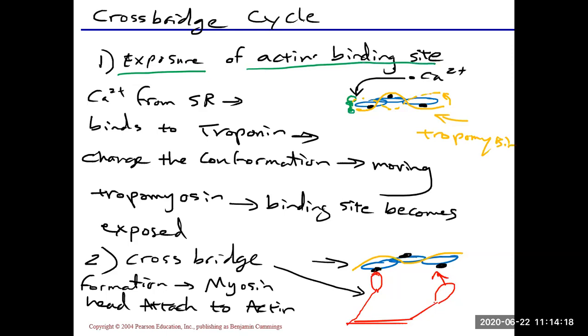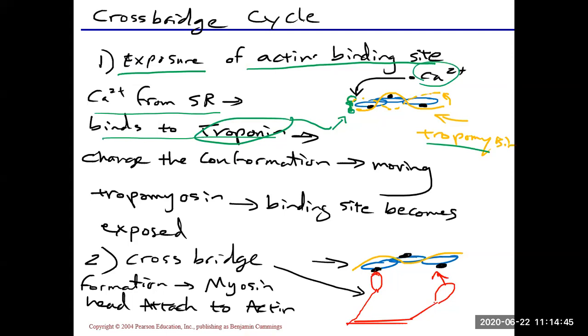In other words, calcium coming from the SR binds to troponin and moves the tropomyosin. You can see calcium right here, coming in and binding to the troponin, and it moved the tropomyosin. That's step number one. At this point, binding sites on the actin are exposed.